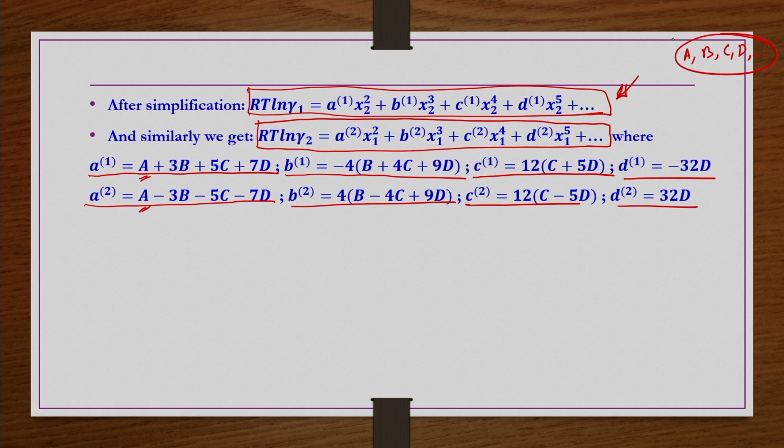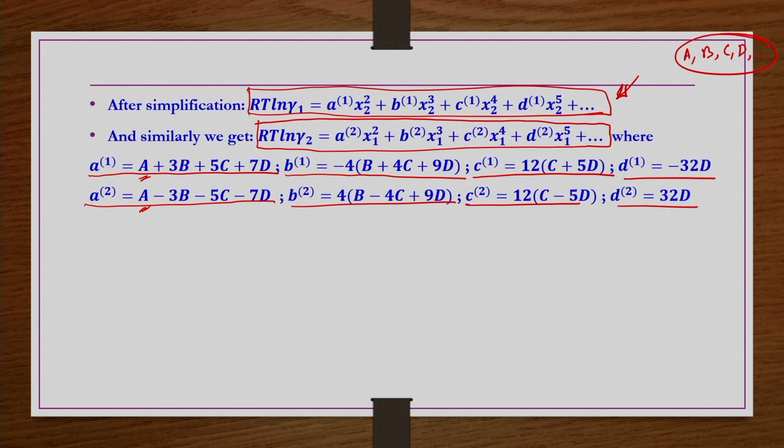Remember this capital A, capital B, capital C, capital D etc. are to be obtained through the experimental data, either from ln gamma 1 versus x2 or from ln gamma 2 versus x1 data. That data you plot graphically and then do the curve fitting, then you get these A, B, C, D constants.